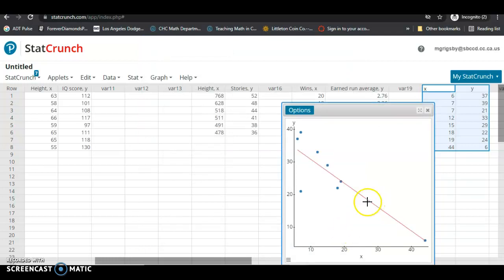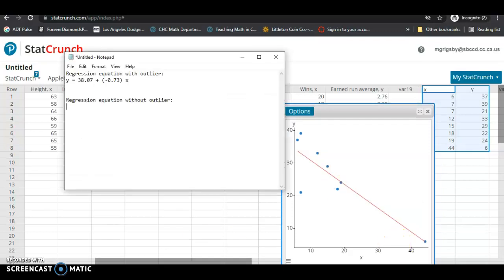Then we'll see the graph of that regression line, and it tells you the equation. This is something you might want to write down. The y-intercept actually comes first, so it's 38.07, and the slope is negative 0.73. So I've made a note of that regression equation with the outlier.